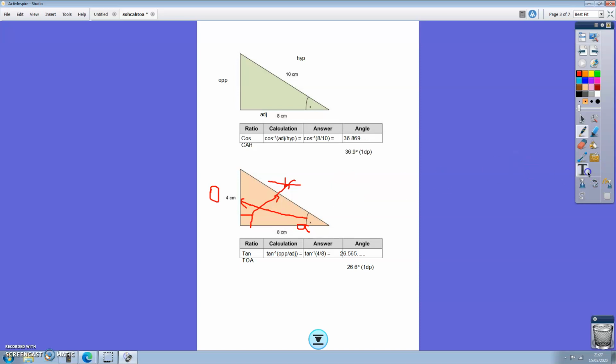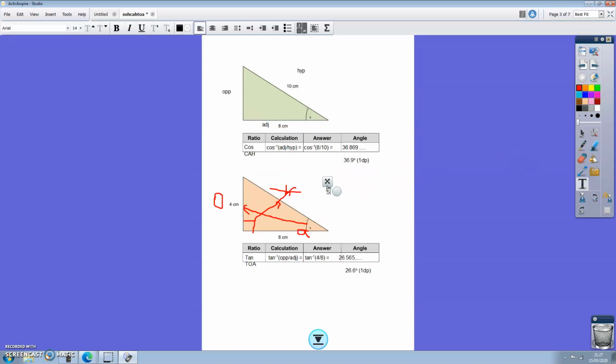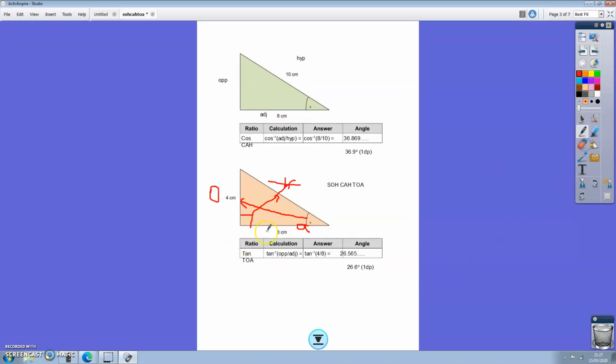If you think of SOH-CAH-TOA, I haven't got anything to do with the hypotenuse at all, so I can't use that one, and I can't use that one, so straight away it's telling me I need to use TOA. The answer would be 26.6, and hopefully you can see the workings at the bottom.